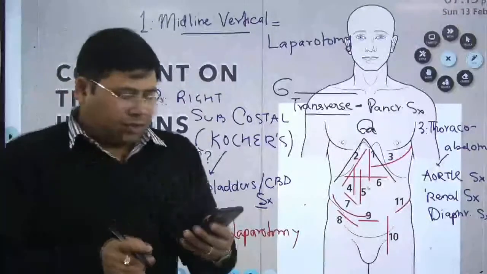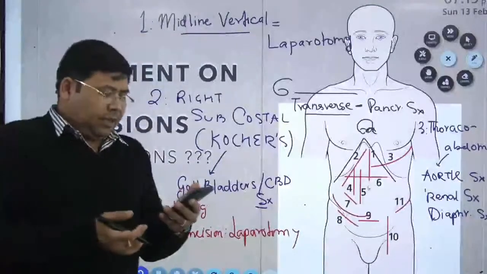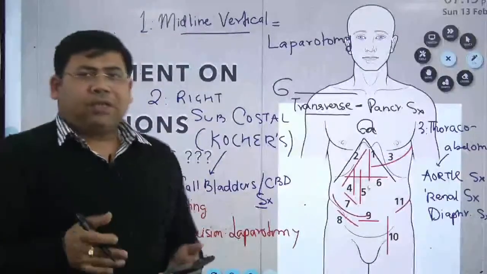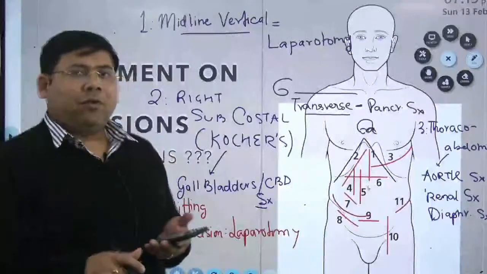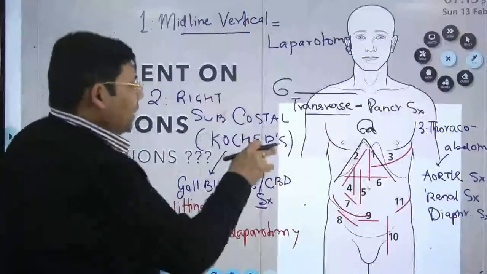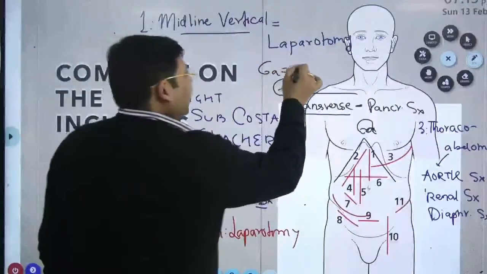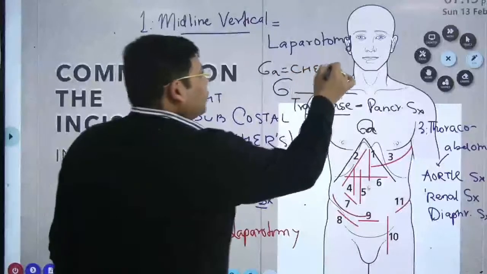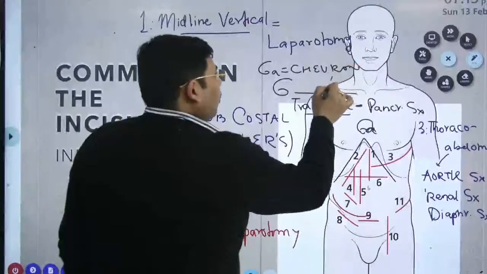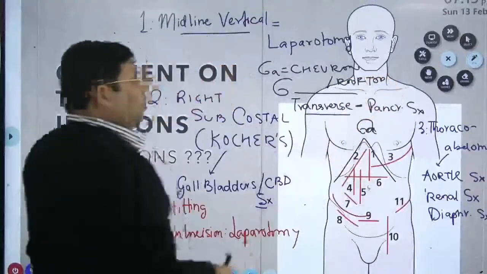Yes, you can use transverse for pediatric laparotomy also. No issues. But basically transverse is used for pancreatic surgery, and the 6A is a chevron or a rooftop incision. So chevron or a rooftop incision.